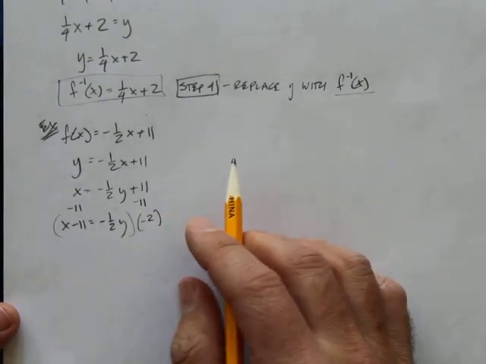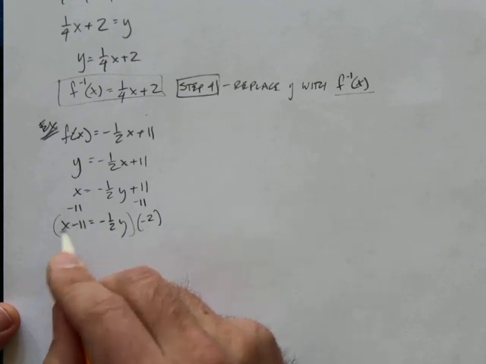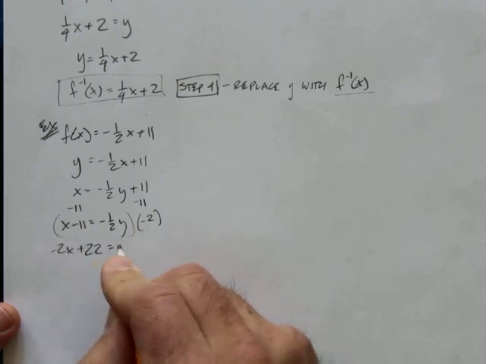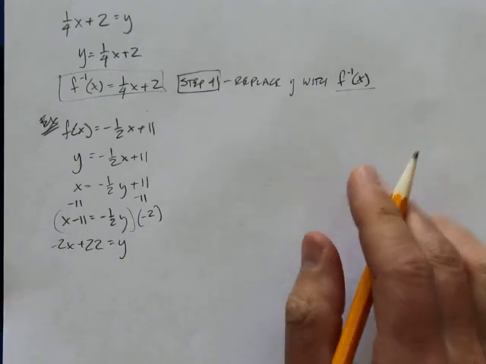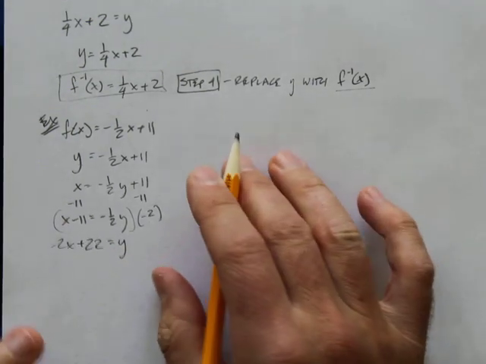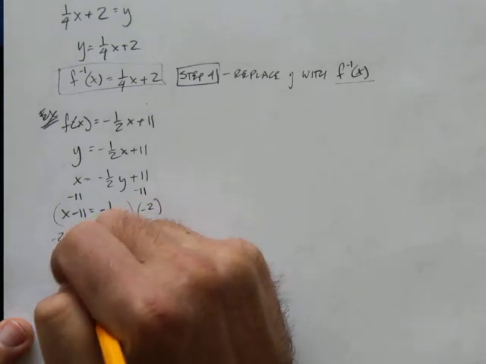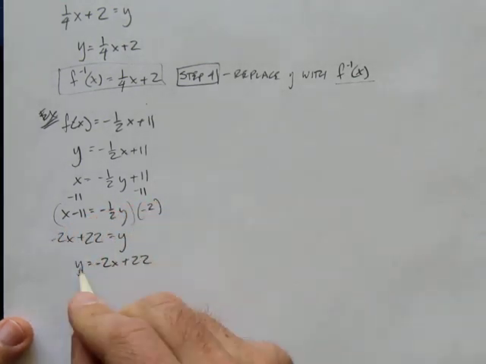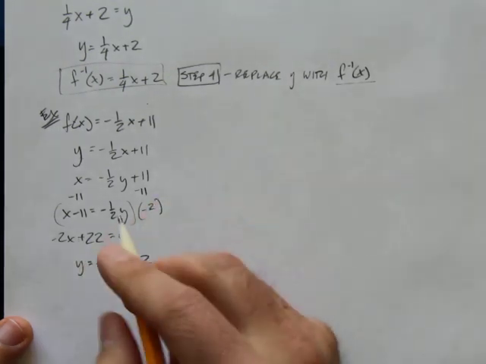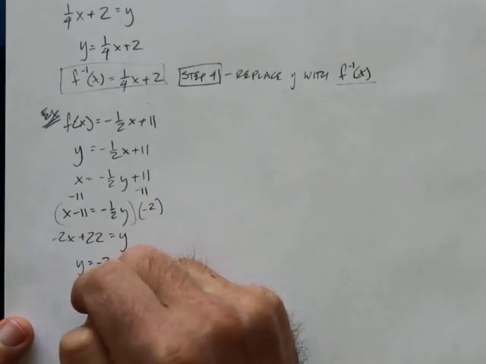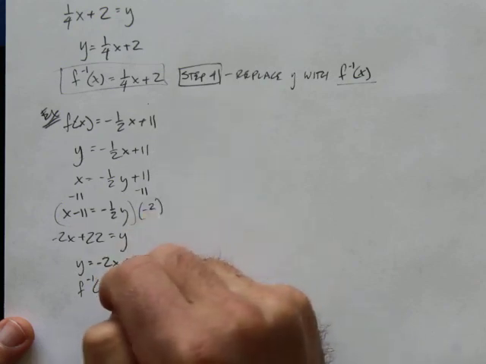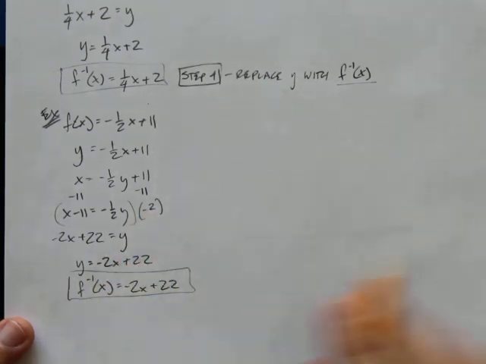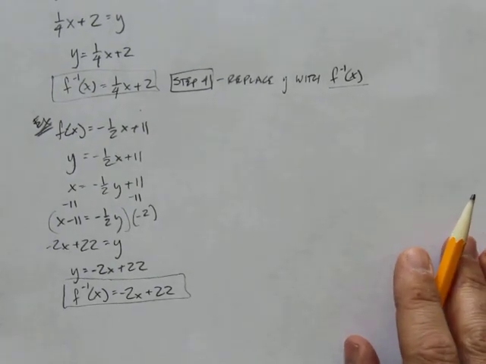So I've got -2x plus 22 equals y, or 1y. And so that gives me y equals -2x plus 22. And then I need to change this y, step 4, to inverse of f of x equals -2x plus 22. Circle that, and I'm done with that example.